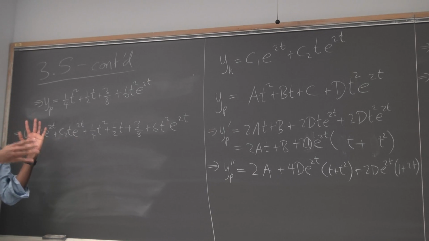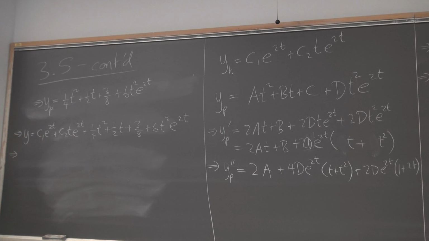Are we good? Okay. So now, we were given initial conditions, which means they also expect us to find these constants, just like before. How did we do that before? We're going to need the derivative again.